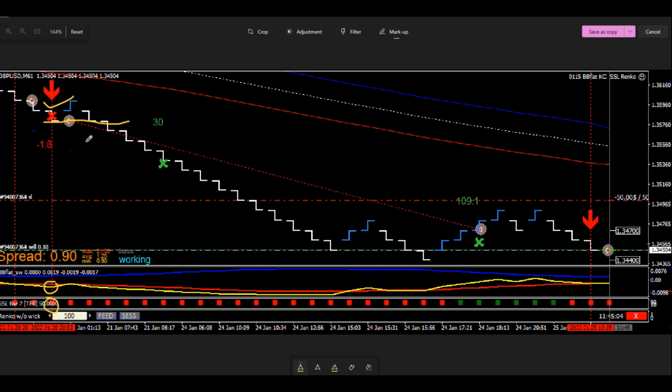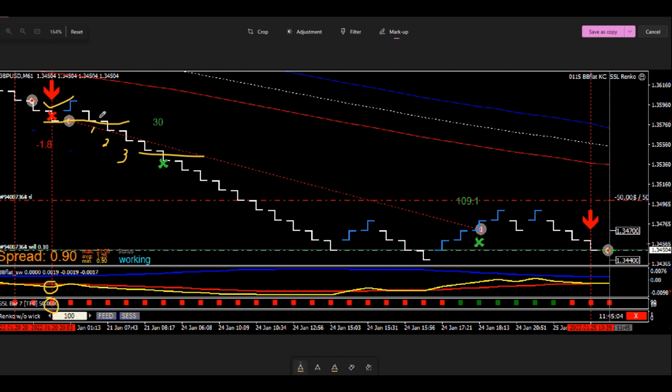And then we went down, and so we had, this is one, two, three bricks. So this is one brick, this is two bricks, and this is three bricks. And that's where we come out, right there.